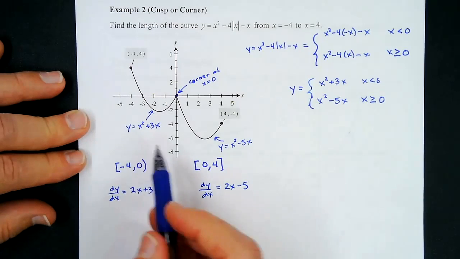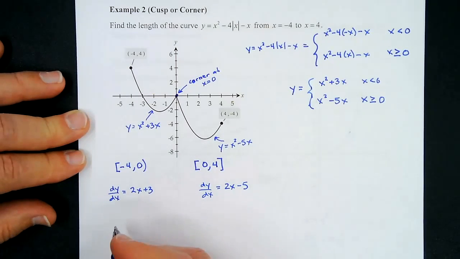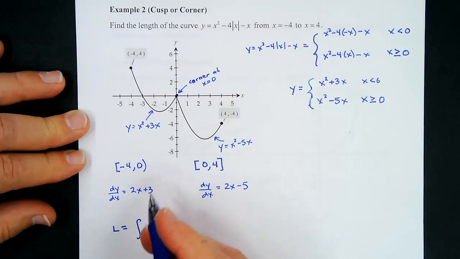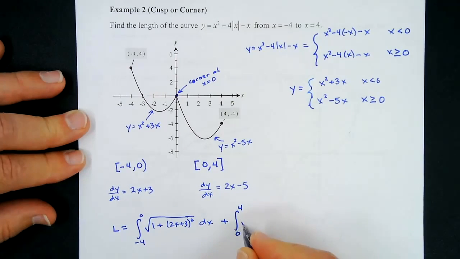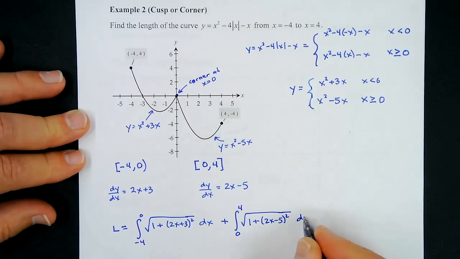So to find the arc length, I have to break it up into two integrals. So my arc length would equal the integral from -4 to 0 of the square root of 1 plus my dy over dx for this piece, which would be 2x plus 3, squared, integrating with respect to x, and then plus the integral from 0 to 4 of the square root of 1 plus 2x minus 5 squared, and that's also dx.